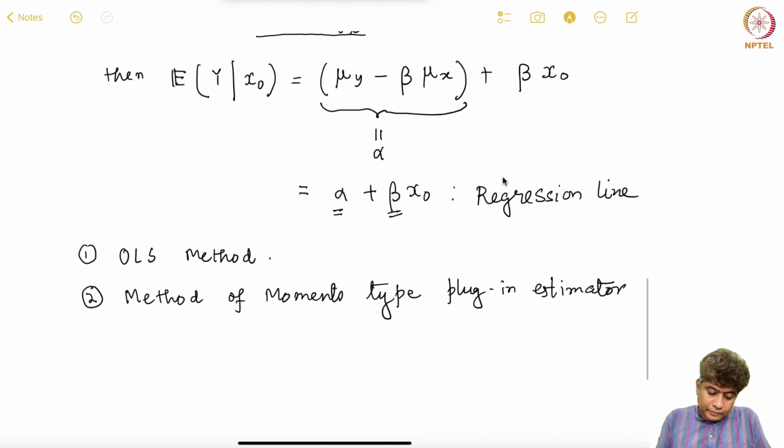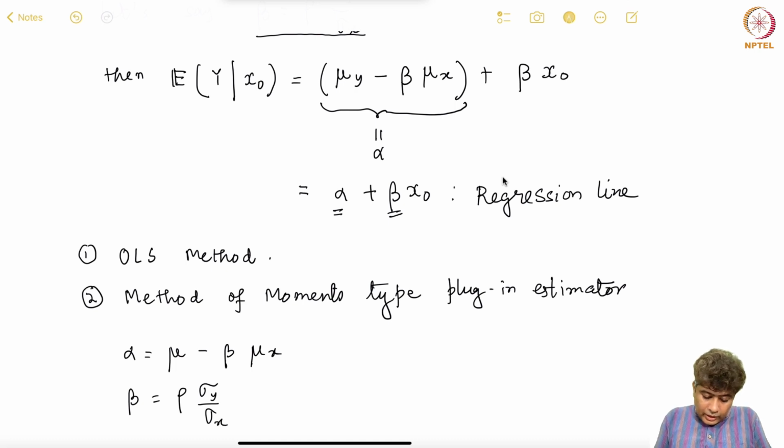For example, what is my alpha? Alpha is mu y minus beta mu x. And what is my beta? Beta is rho sigma y by sigma x. Now I can estimate beta hat using the sample correlation coefficient times the standard deviation of y by the standard deviation of x.